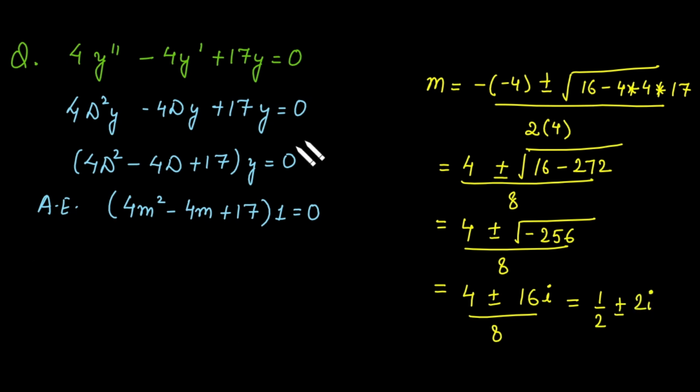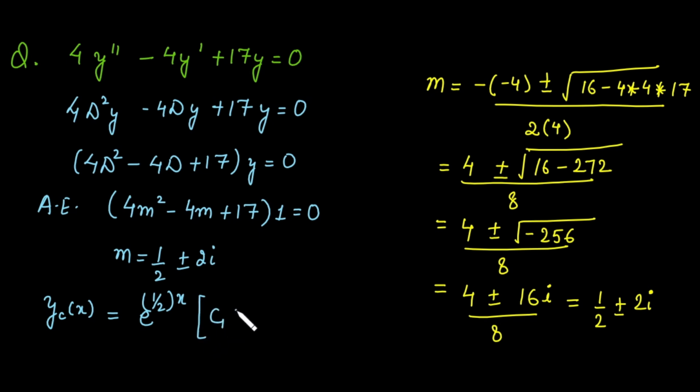So in this case the roots are 1 by 2 plus minus 2 iota. So the final answer is y(x) is equal to e raised to power real part 1 by 2 into x, first constant c1 cos of imaginary part 2 into x plus c2 sine of 2x.